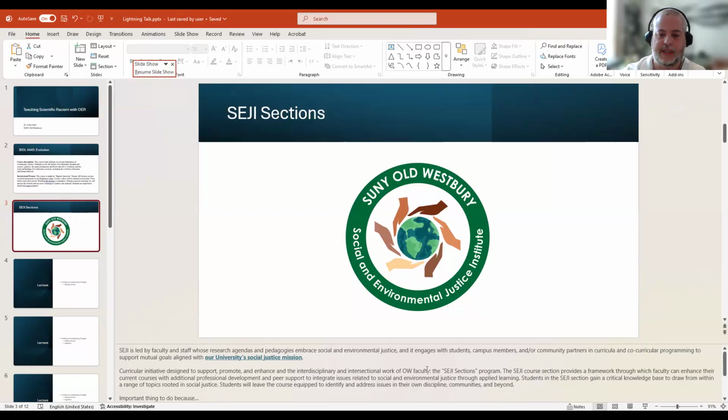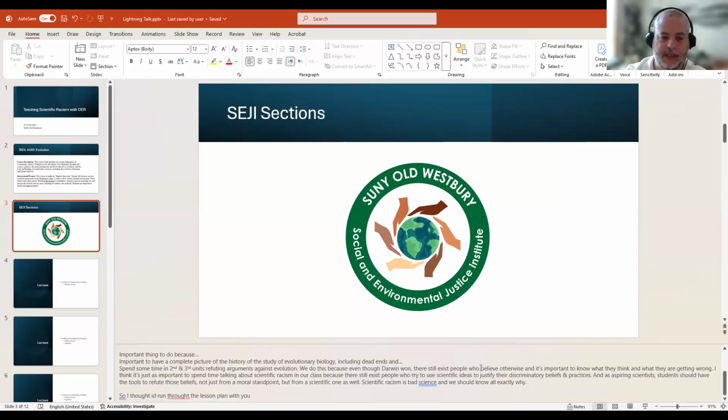I thought this would be a perfect opportunity to get my scientific racism unit back into the class for a couple of different reasons. One is that obviously it's good to have as complete a picture as possible about the history of the study of evolutionary biology, including areas that we might consider dead ends.